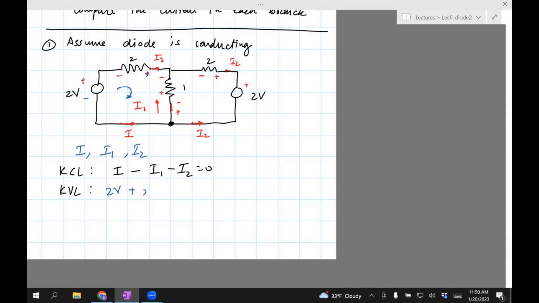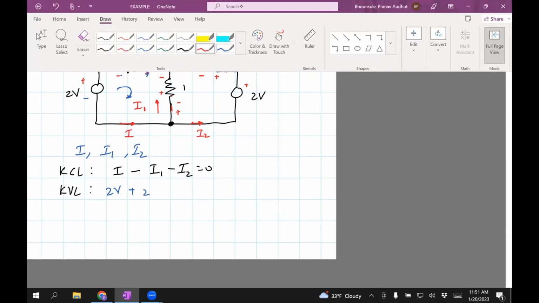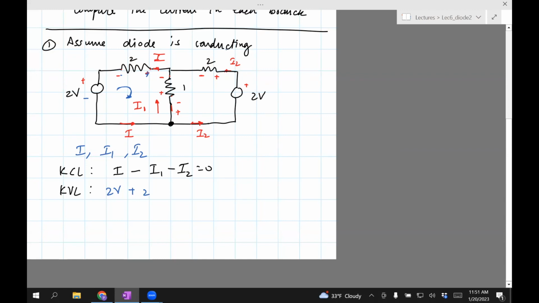So this will be 2I. This is positive, negative, so plus 1 times I1, and that should all be equal to 0. Okay, so note I'm using these polarities to figure out the signs here.